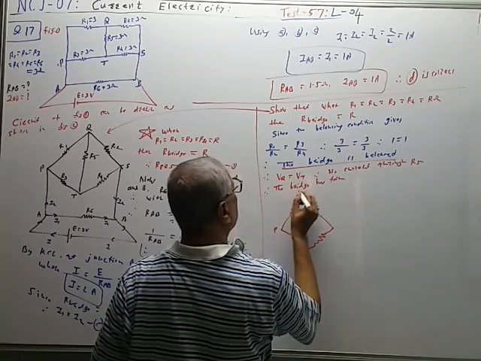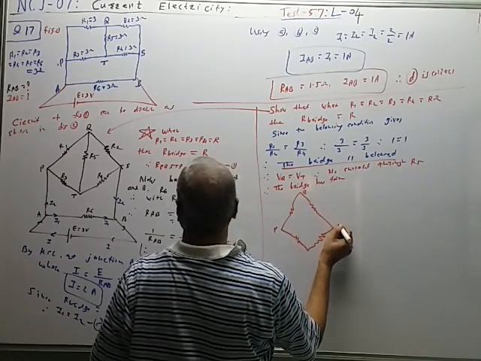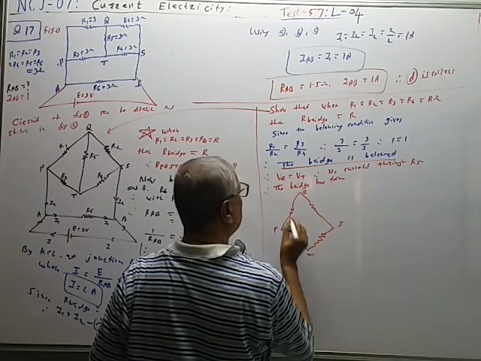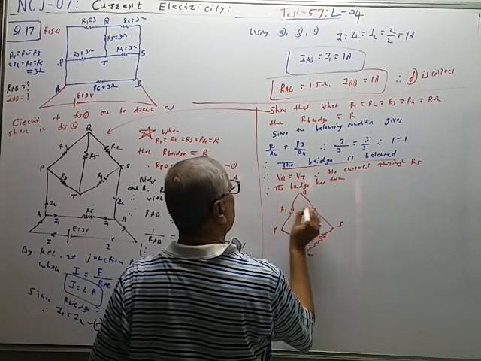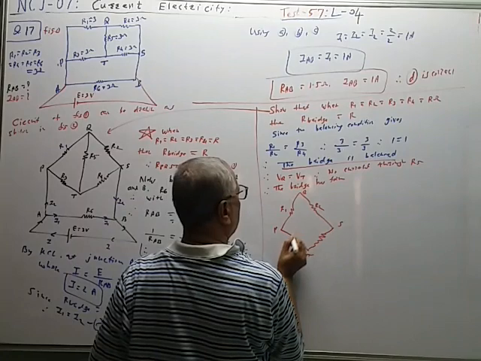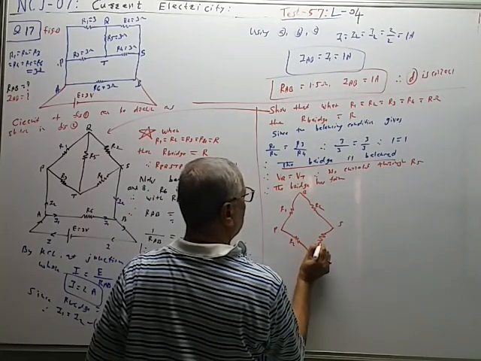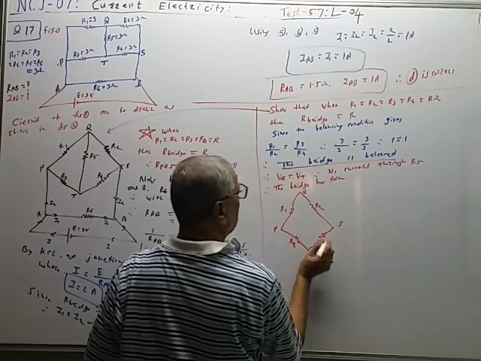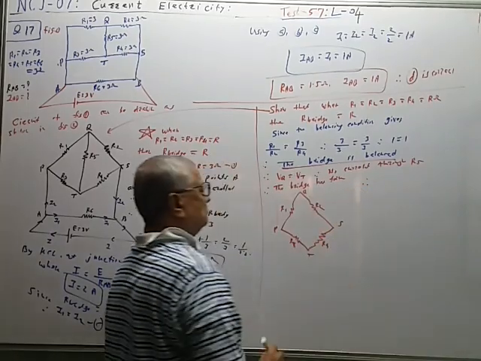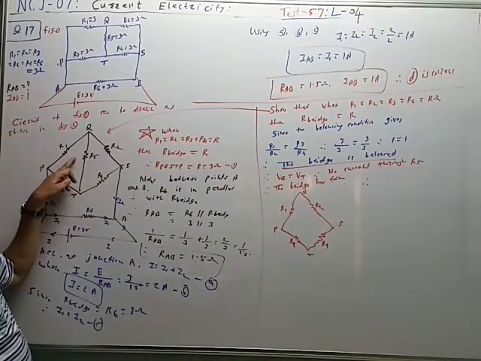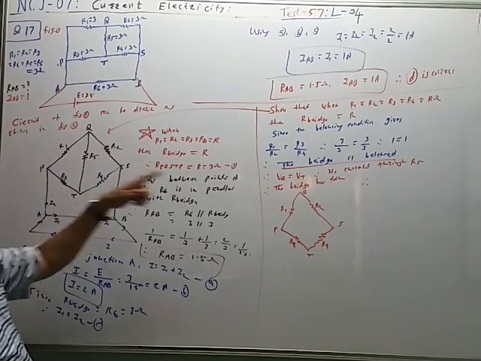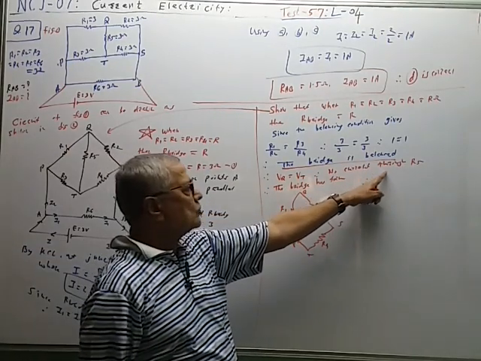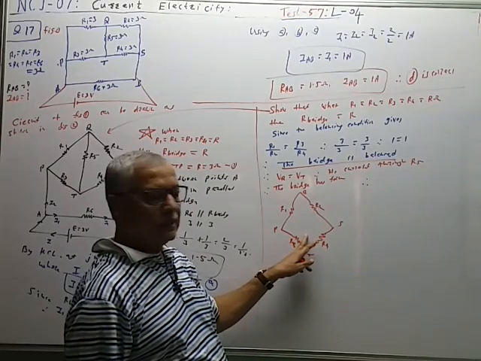P Q S T, R1, R2, R3, R4. हमारा रेशन कट केला R5. नो करंट थ्रू R5 म्हणजे तो काढून टाकला तरी चालेल.